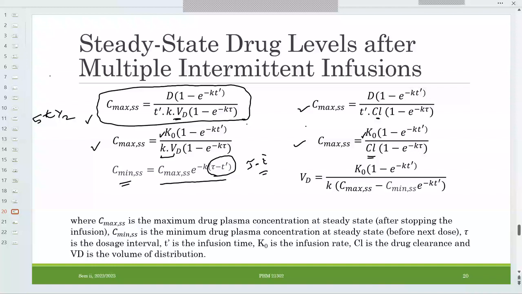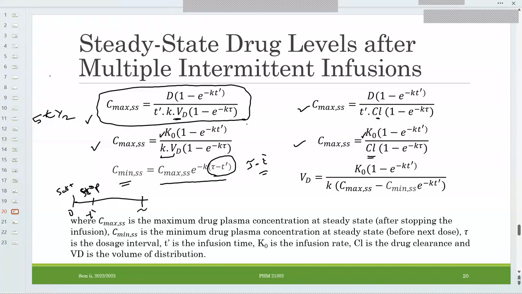Why? Okay, let's imagine the schedule. At time 0, you start the infusion. At T prime, you stop the infusion, right?